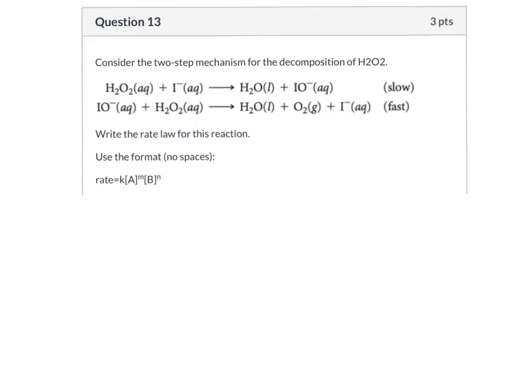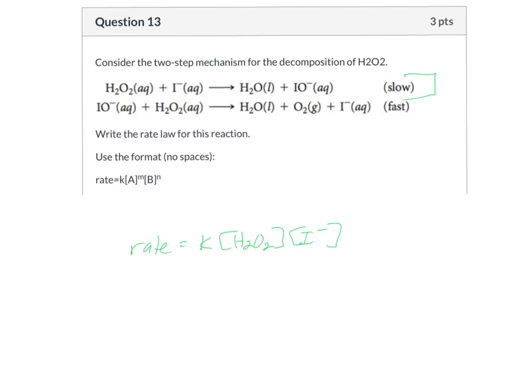So consider the two-step mechanism for the decomp of H2O2. Again, write the rate law. Now we said in a multi-step mechanism, your rate law is based on the slow step, and the slow step only. So we look at the slow step, and we know that rate equals K times my reactants, which are H2O2 and I minus.